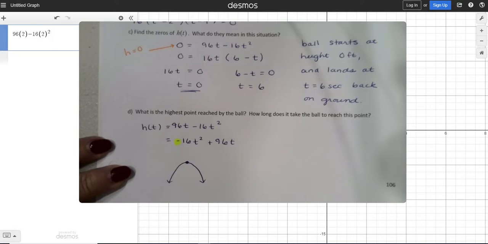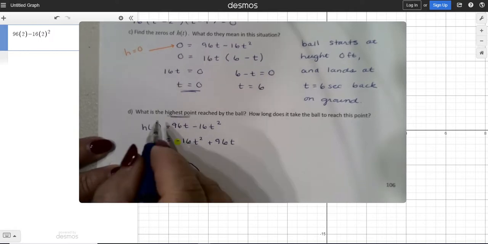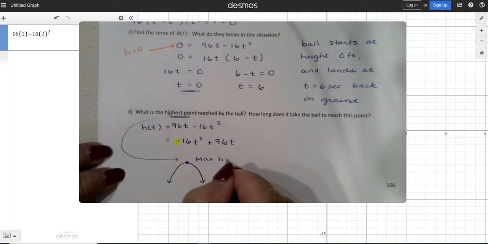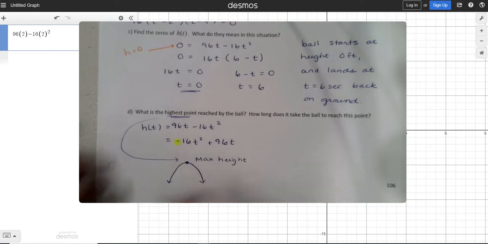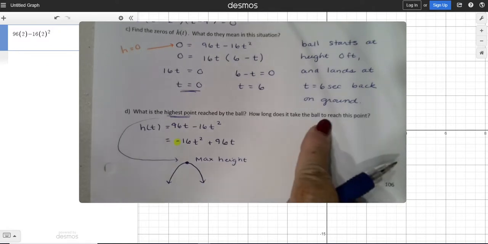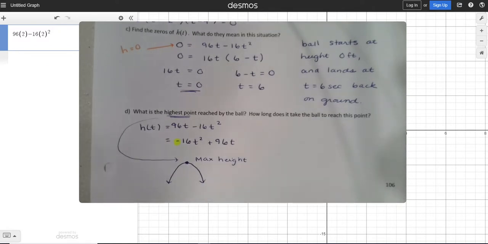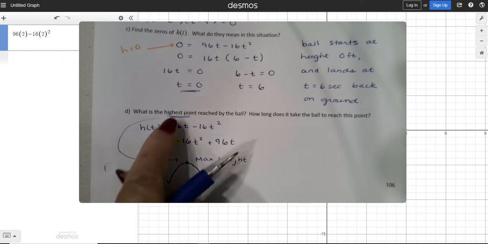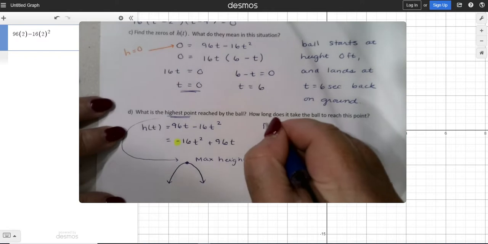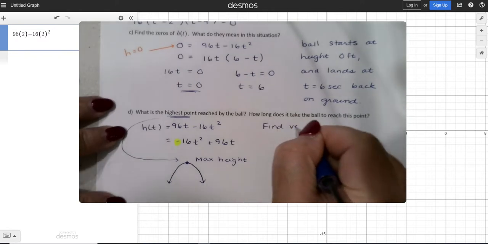And that means the highest point, the maximum height, is really just asking me for the vertex of that graph. The t value of the vertex will be how long it takes, and then the h value of the vertex will be the actual highest point. So this problem comes down to finding the vertex.